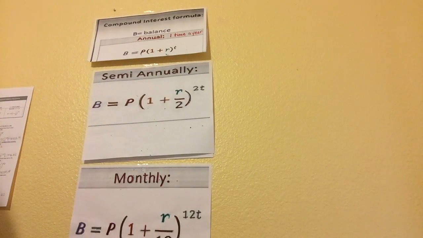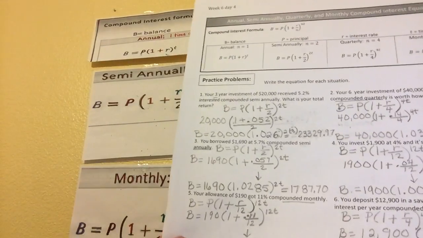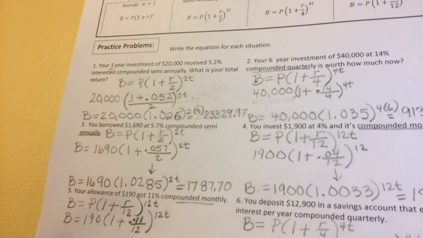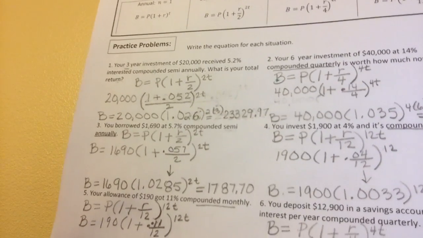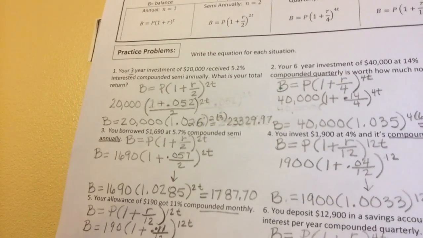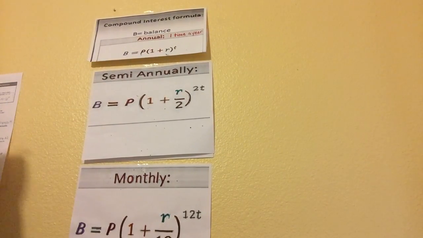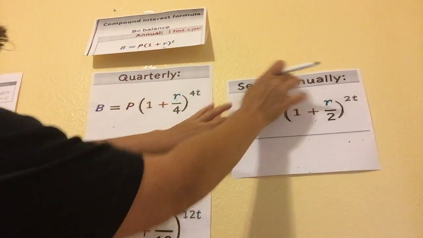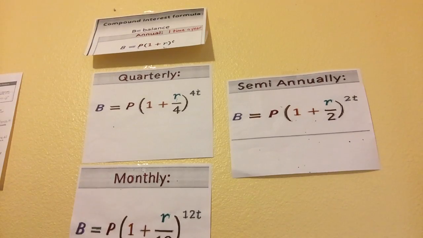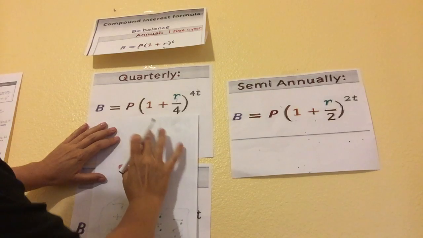Okay, so let's look at number 6. Okay, number 6 here. Okay, it says you deposit $12,900 in a savings account that earns 5% interest per year, compounded quarterly. Okay, so now we're back to quarterly. Okay, so let's put the information we need here.